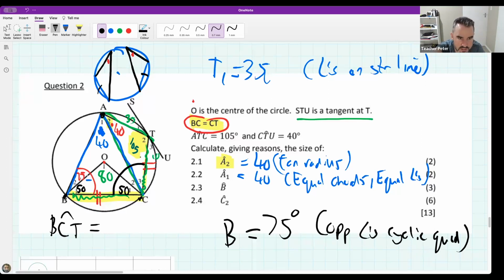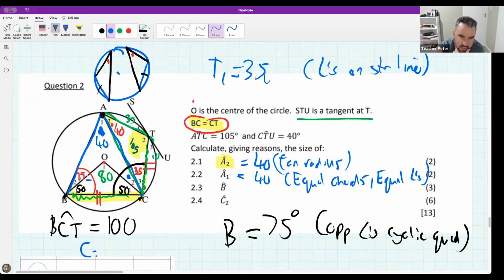I think BCT is the opposite angle in a cyclic quad, so it is going to be 100 in total, because that's 80. We need to figure out what C2 is, which is this one over here. Oh, look, 40 and 105, this must be 35.